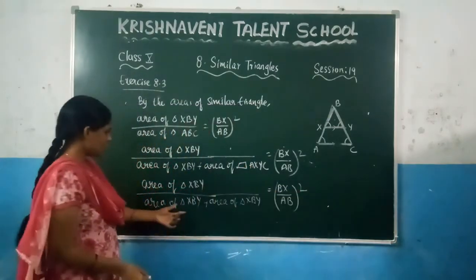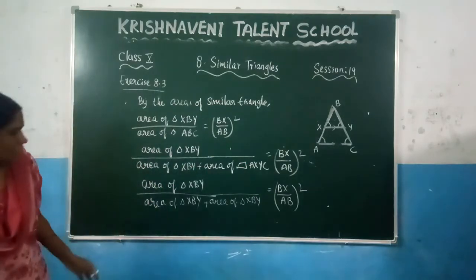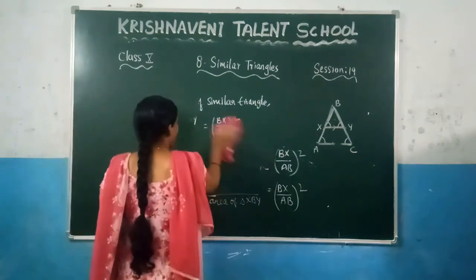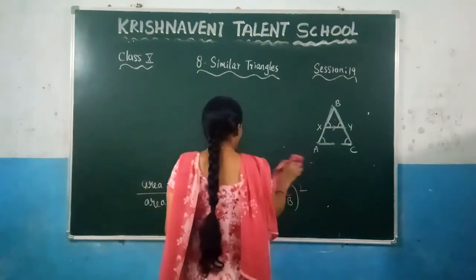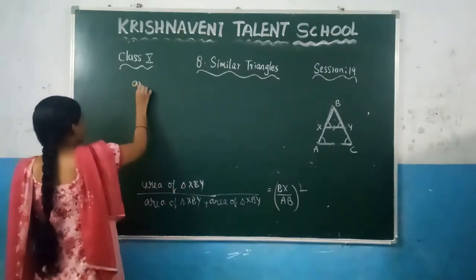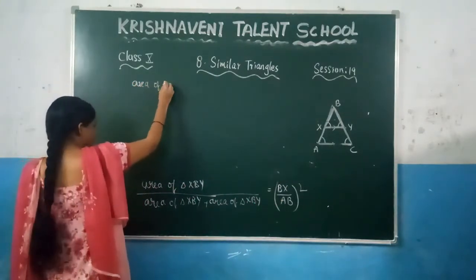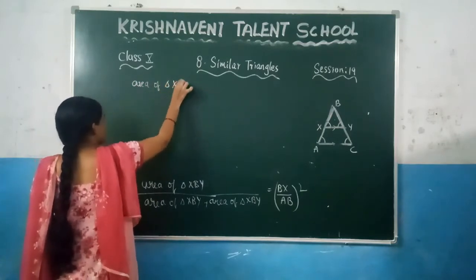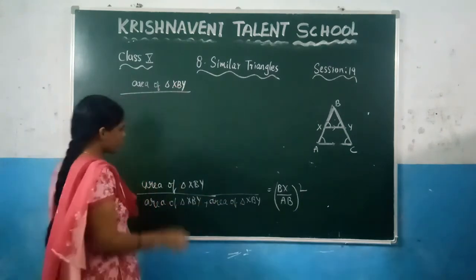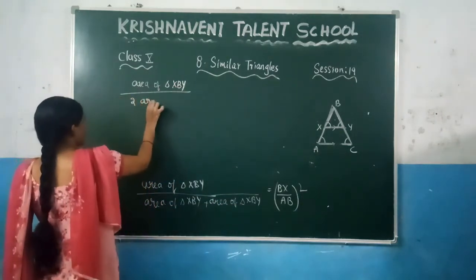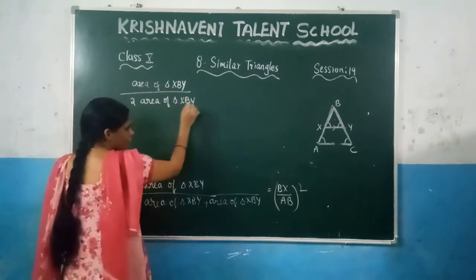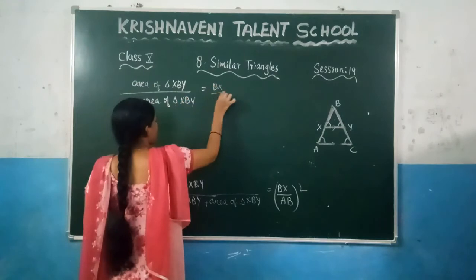Now here these two are the same, so you can write this as area of the triangle XBY by 2 times area of the triangle XBY. This one they have given as BX by AB whole square.